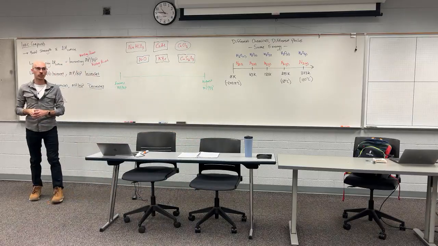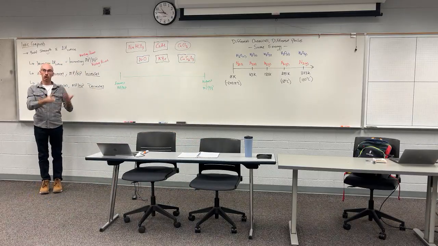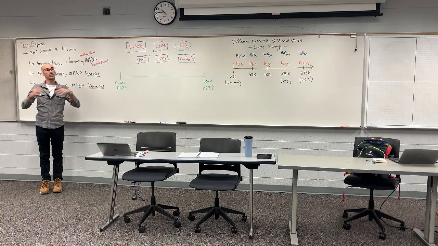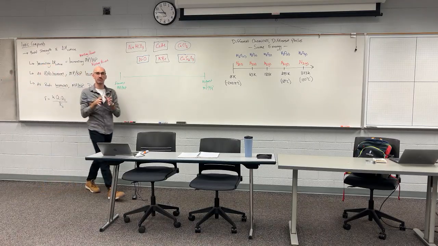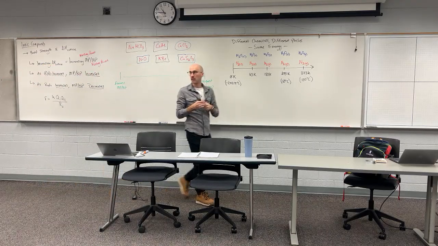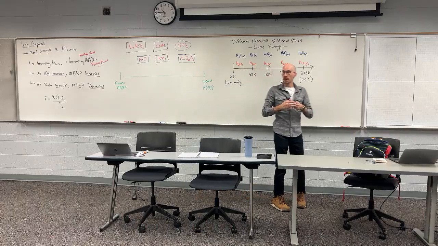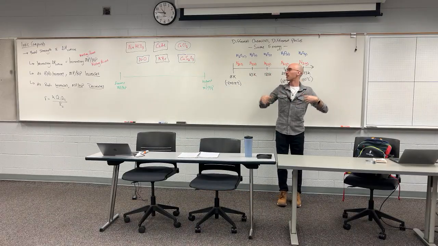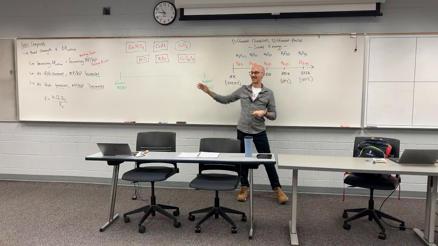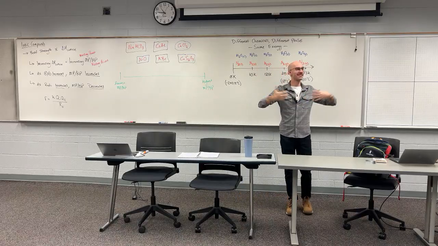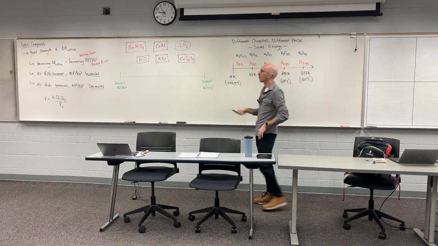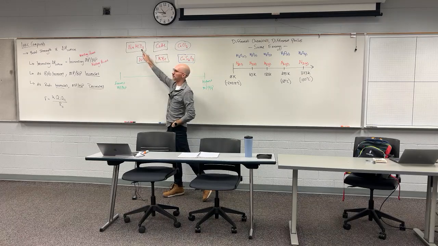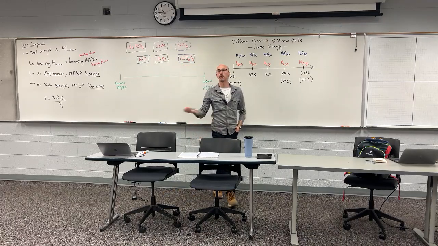Now, which ones should have the lowest melting point in that group? Things with larger radii or things with smaller radii? Larger radii, easier to separate. So which of these has the largest radii predicted?